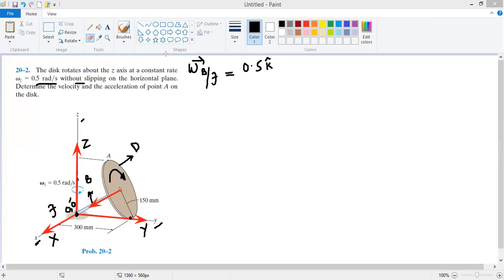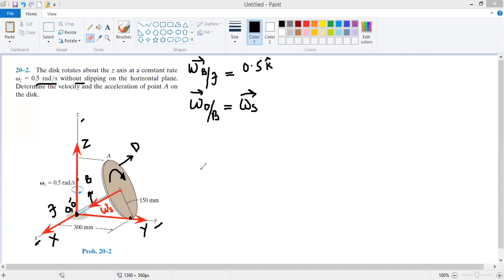We'll call this the spinning vector omega s, which also represents the angular velocity of the disk with respect to the bar frame of reference. That's equal to omega s, and we have not been given the value of omega s, which we can certainly find out.